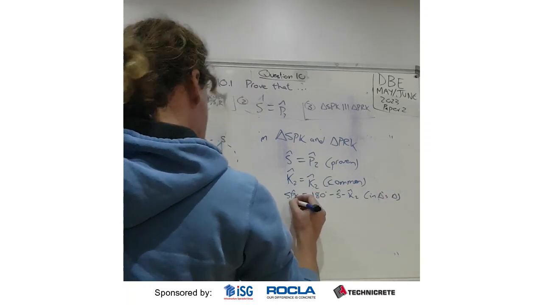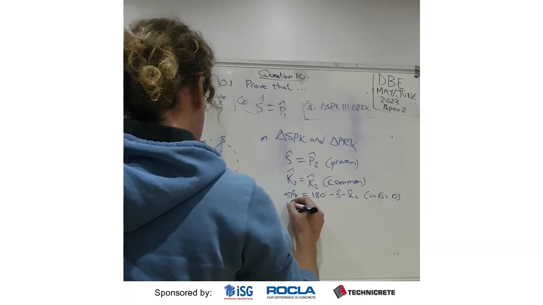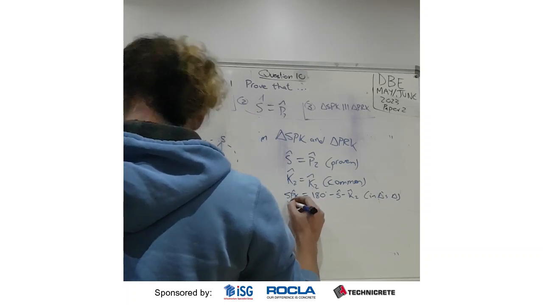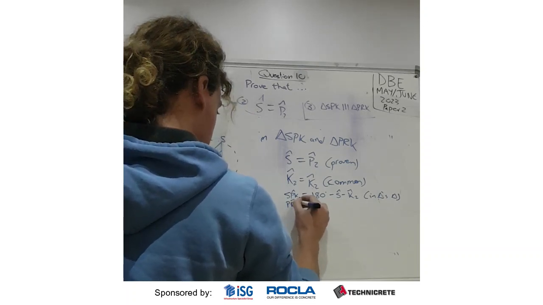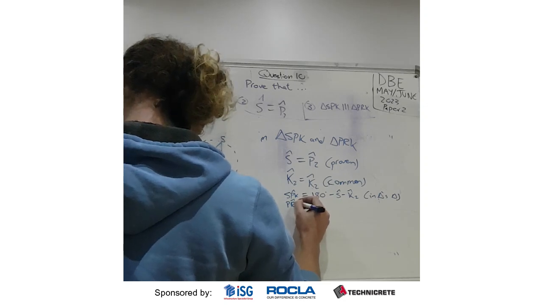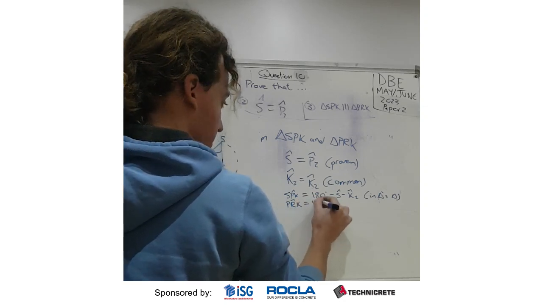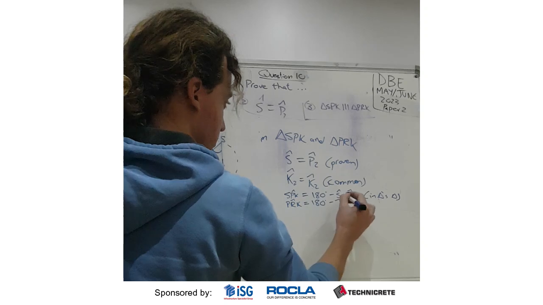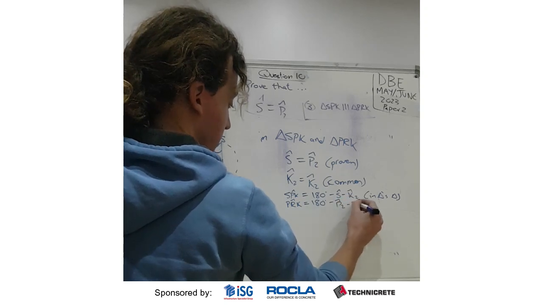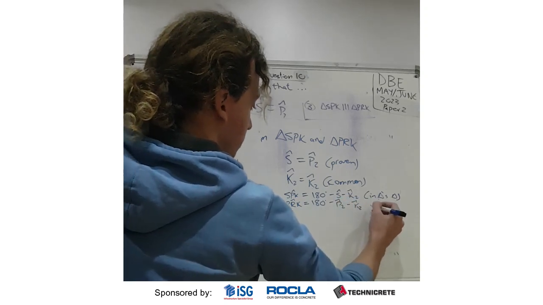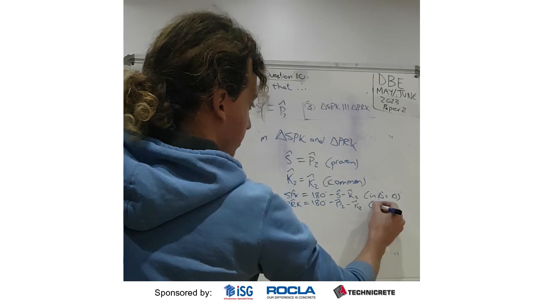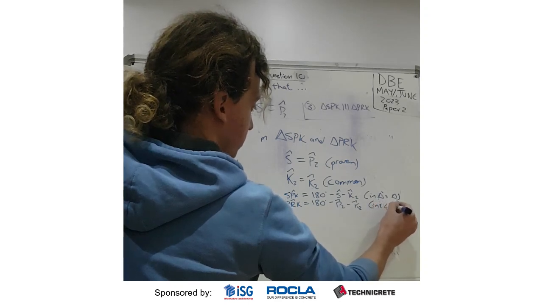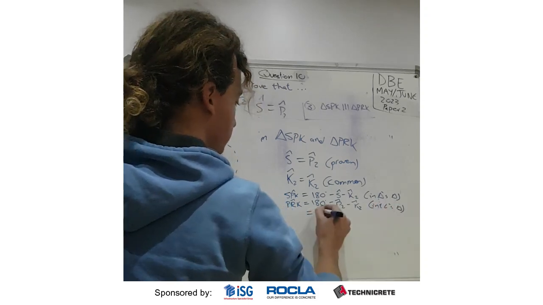Similarly, angle PRK should also be 180 degrees minus angle P2 minus angle K2, interior angles of a triangle.